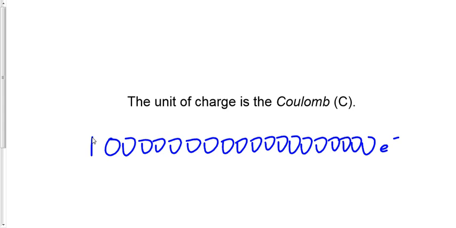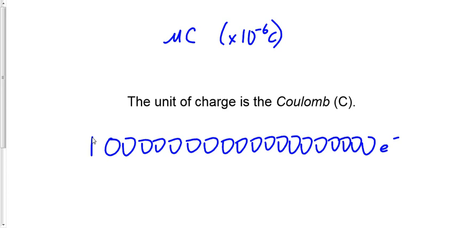So a Coulomb is a big unit. It's so big that we often don't actually see it expressed in questions as coulombs. We often see it expressed as maybe microcoulombs. A microcoulomb is 10 to the minus 6 coulombs. That conversion factor is on your data sheet, by the way. If you forget it, it's not a big deal.